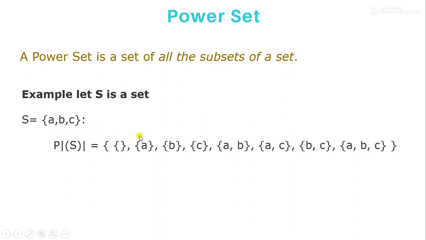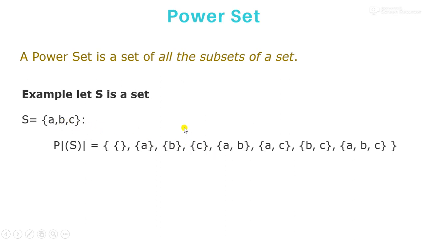Now we need to arrange the singleton sets. A singleton set means a set which contains only a single element. So the empty set is a subset of this set, and now {A} is a subset of this set, {B}, the set which contains only B, is also a subset, and {C} is also a subset of this set.